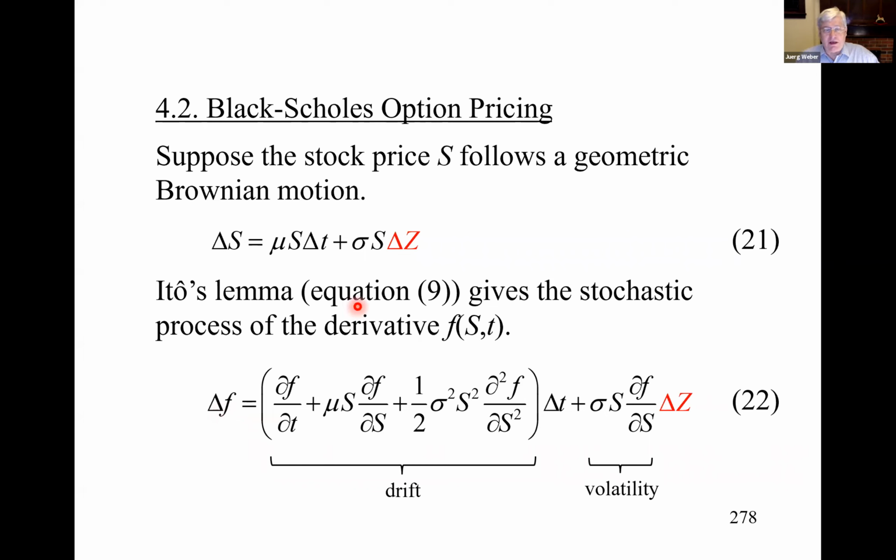So the Ito equation just directly tells you what is now the stochastic process of the derivative. There is a new drift, there is a new volatility, but the shock is the same. So if you have a strongly positive shock here to the underlying share, then the derivative is exposed to the same strong positive shock.